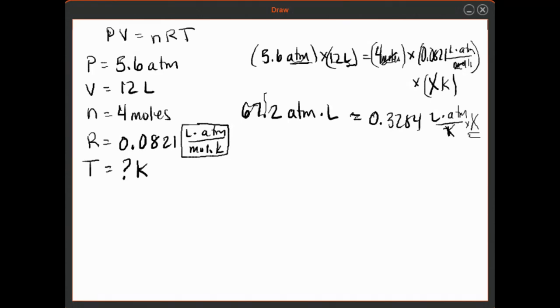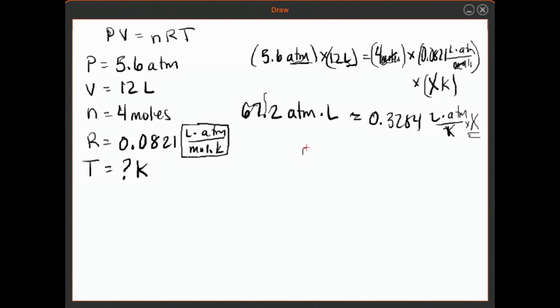And so I need to grab my calculator here. Hold on. 67.2 divided by 0.3284. And you should get 204.6 and lots of numbers. I'm just going to round that to the third or fourth decimal place just to keep things easy here.